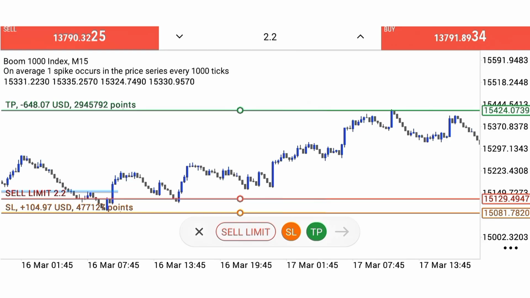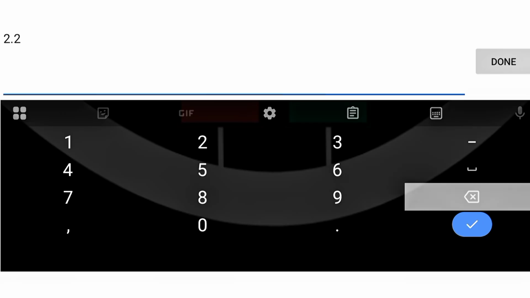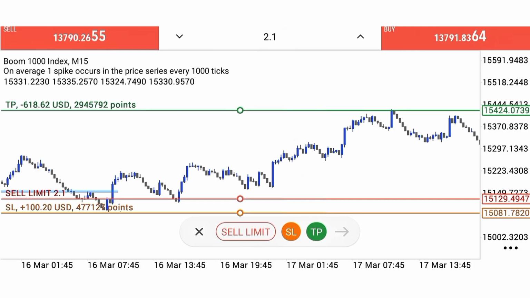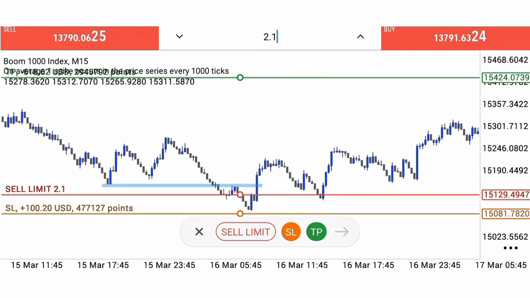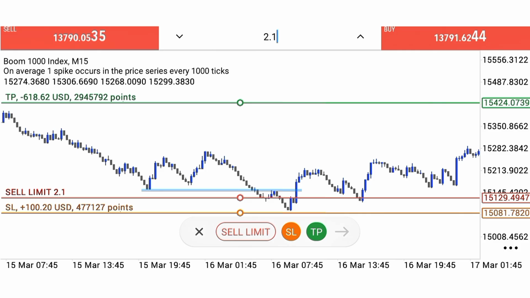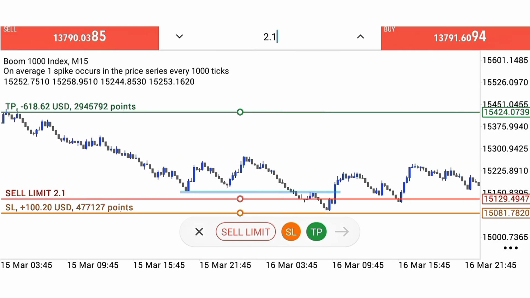Okay, let me say 0.21. Alright, so we have $100. So if I traded this strategy with $100, I would be making $618 for my trade. That is more than 6 times the size of my stop loss. I'm making 6 times my capital.